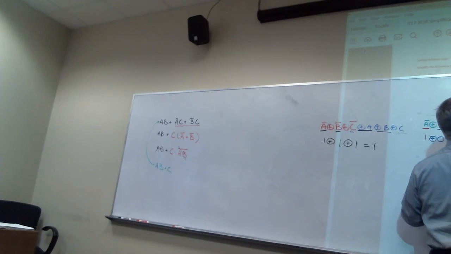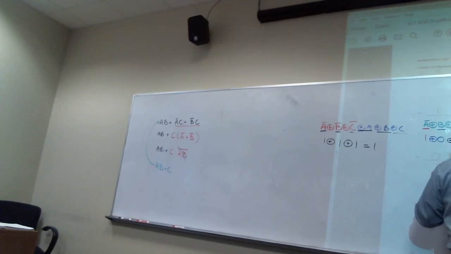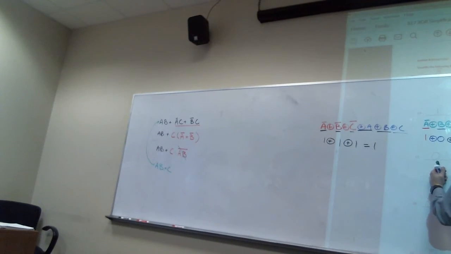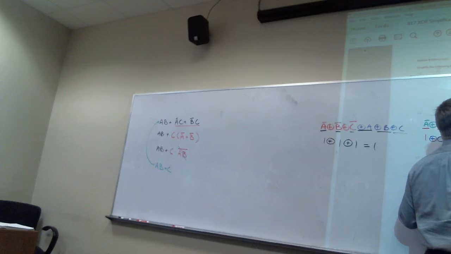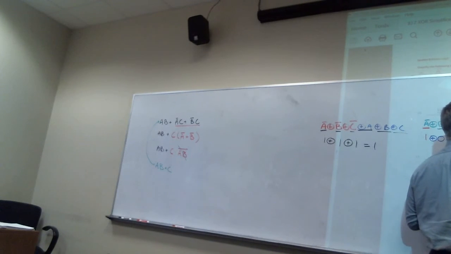Exclusive. Okay, so B naught was your choice. C XOR A XOR B XOR C. So you paired out C with C and got 0. B naught XOR B would be 1, and then A doesn't have a match. 0 XOR 1 is 1.